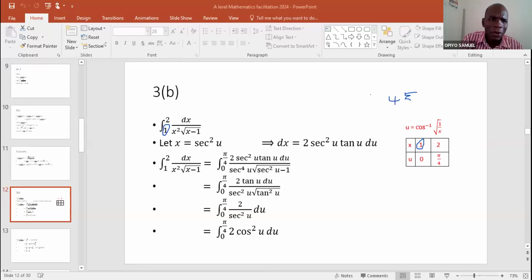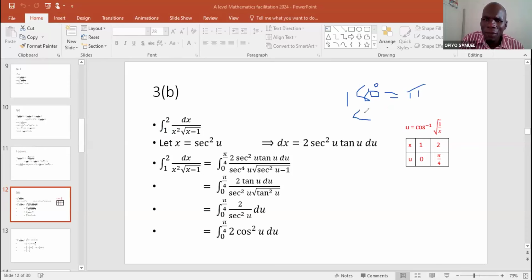But when we are doing integration and differentiation, your unit must be in radians. To convert, 180 degrees equals pi radians.